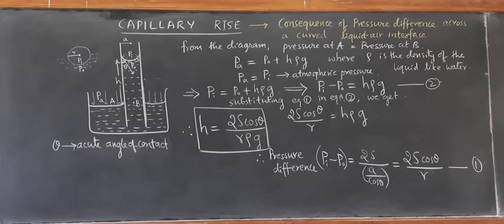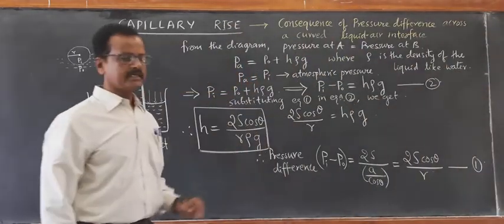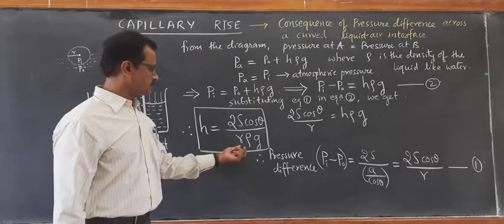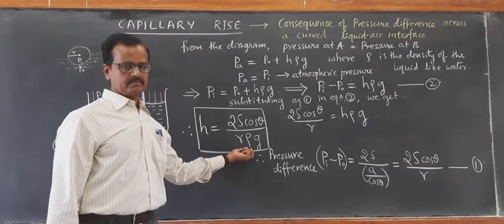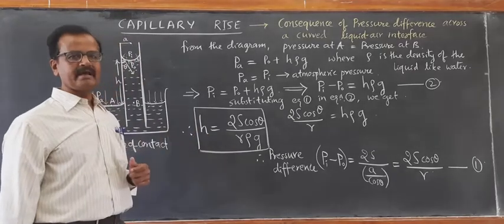R by cos theta is the radius of the tube. So, the smaller the radius of the tube, the smaller the opening, the greater is the height, the capillary rise. And it is also inversely proportional to the density of the liquid. The lower the density of the liquid, the greater is the capillary rise.